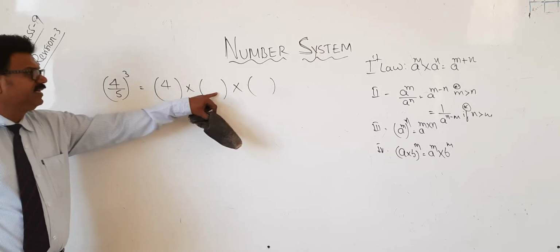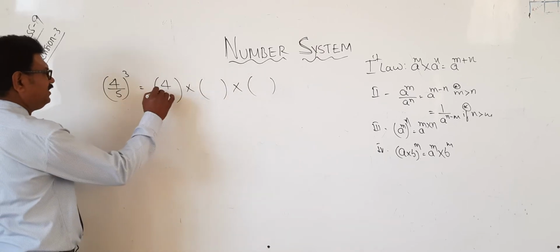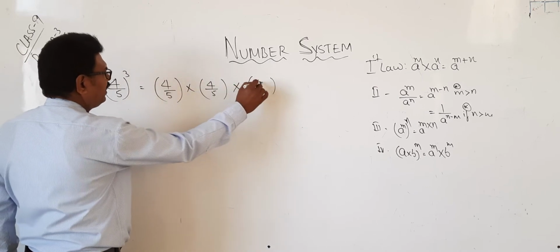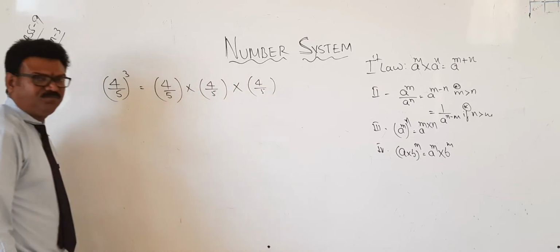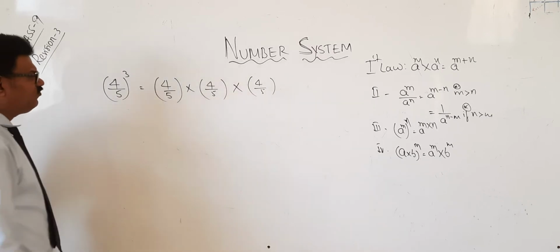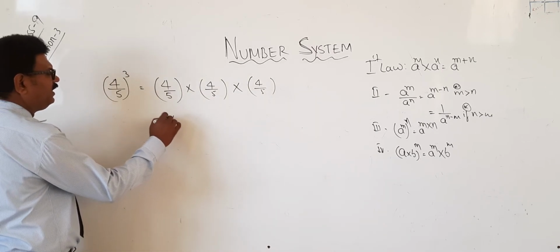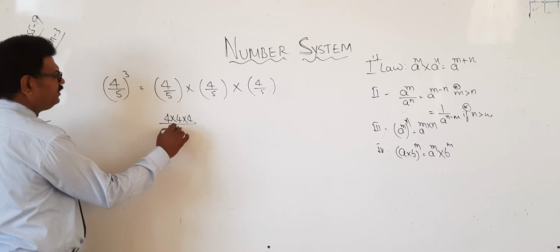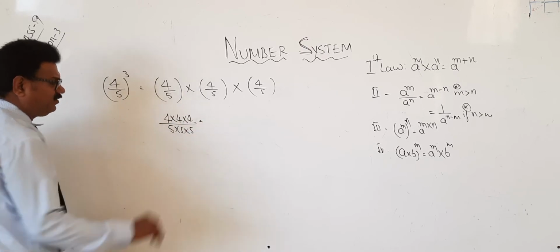What is there in the box? 4 by 5. So in the numerator, 4, 4, 4. Therefore 4 into 4 into 4 divided by 5 into 5 into 5.